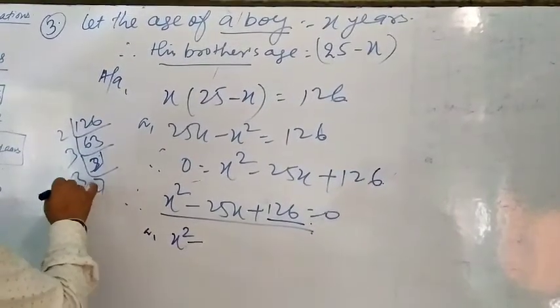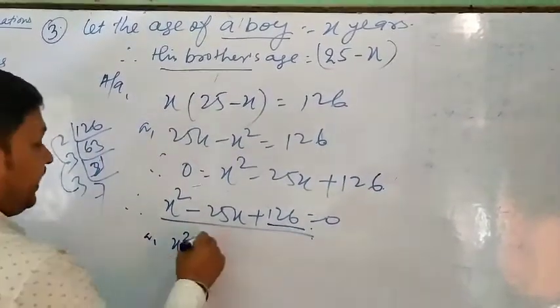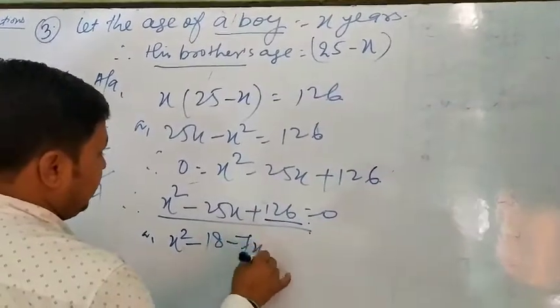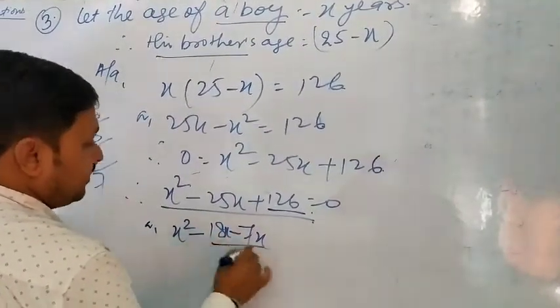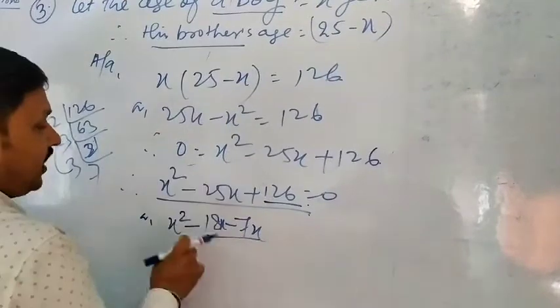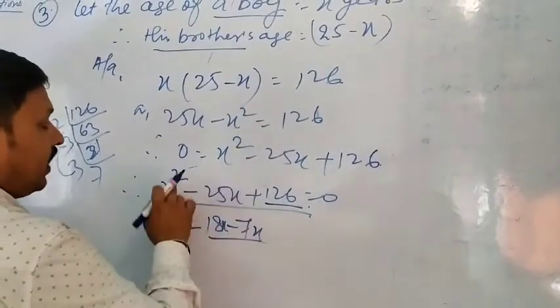That means 3 3 is 9, 9 2 is 18, minus 18 minus 7x. The sum of these two digits is minus 25 and the product of these two digits is 126 plus.